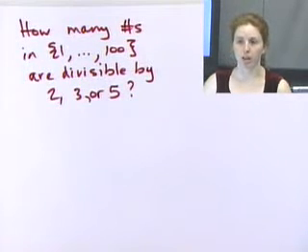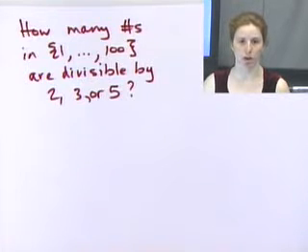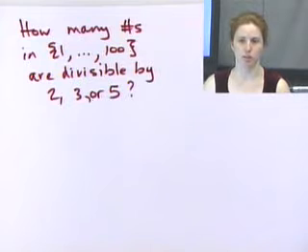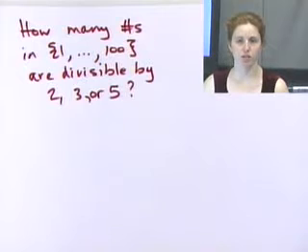So we see the word or, and we immediately think this is probably an inclusion-exclusion or a union rule problem. So I need to count the size of each of the sets independently, and then I'm going to have to take out the intersections. But this isn't just 2 sets, it's 3, so we have to use the more complicated rule, right?